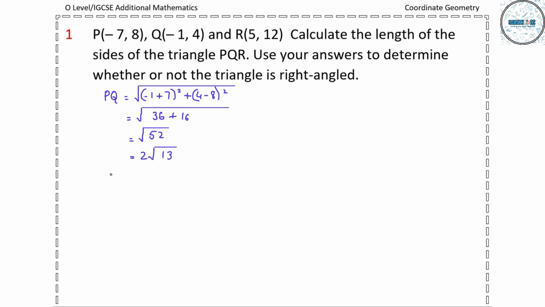Now we will take out the length of QR, which is equal to the square root of (5 minus minus 1, so which is 5 plus 1) whole squared, and then (12 minus 4) whole squared.